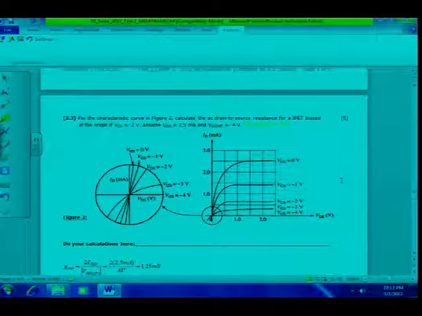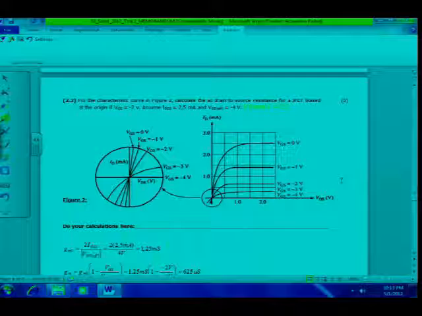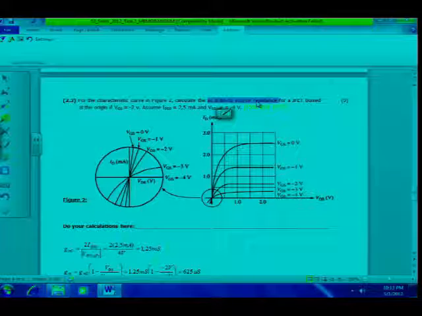Question 2.3 was another example straight from the book. 2.3 for the characteristic curve in figure 2. Calculate the AC drain to source resistance. Ladies and gentlemen, the AC drain to source resistance. A lot of you calculated the DC values.